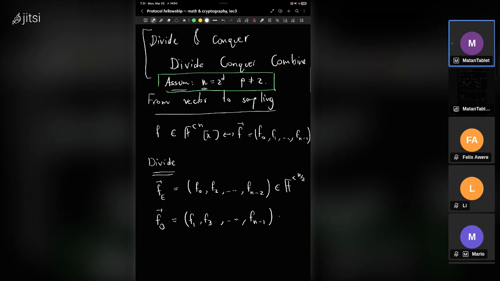These are vectors of size less than n over 2. Oh, in fact, exactly n over 2.